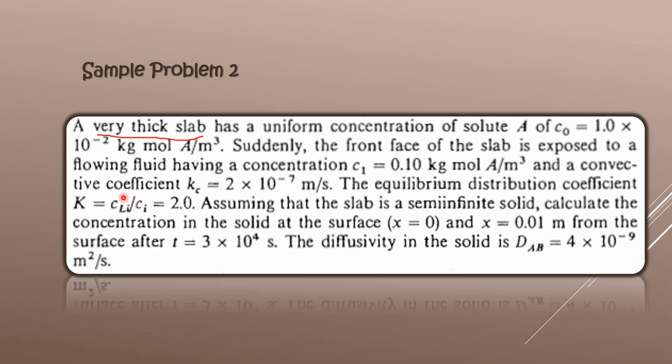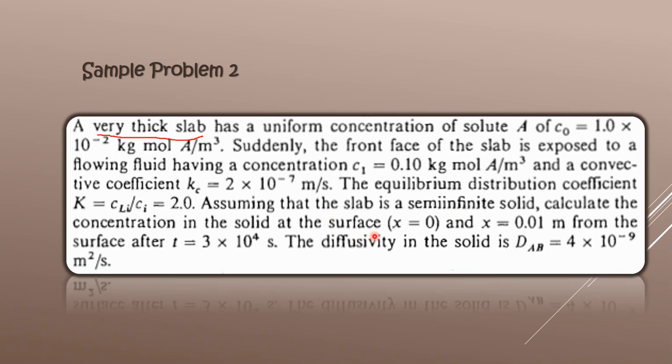So our surroundings, where our semi-infinite solid was placed, is of higher concentration than the solid itself. So the transfer of mass, that's the diffusion, is from the surroundings to the solid.